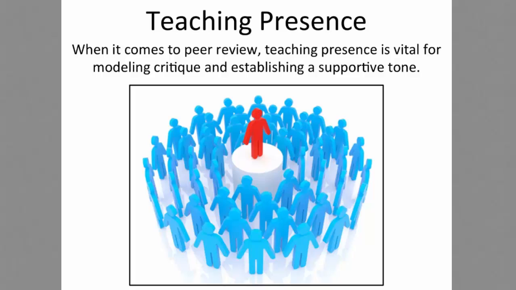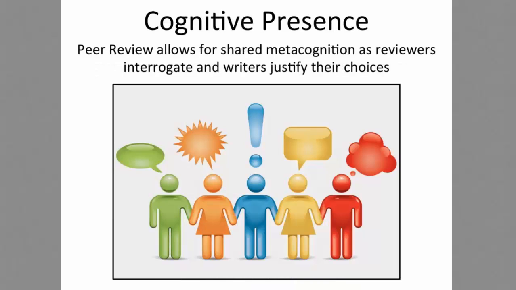And a lot of times teachers forget that they should be involved in the peer review too. They don't need to just stand there and watch it happen. Teachers should model critiques for their students, and also establish the supportive tone that you need to have when it comes to this.